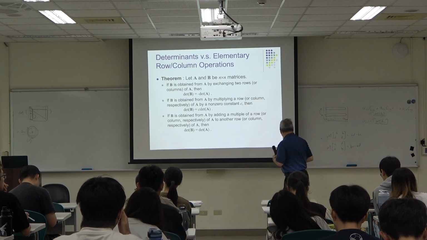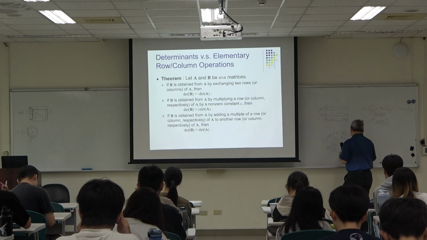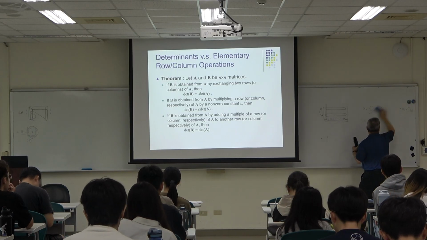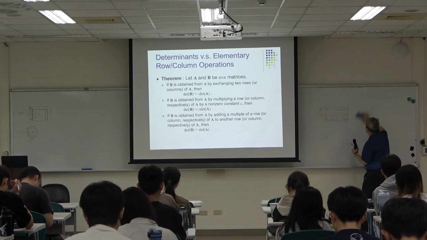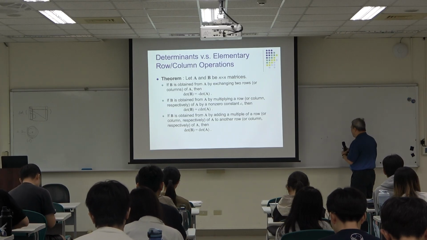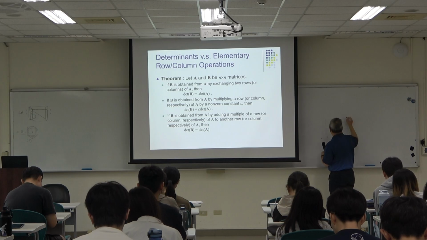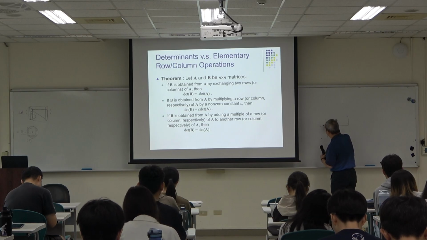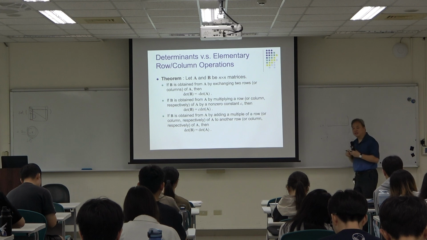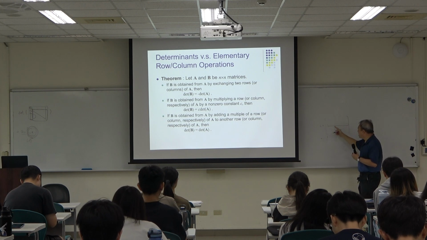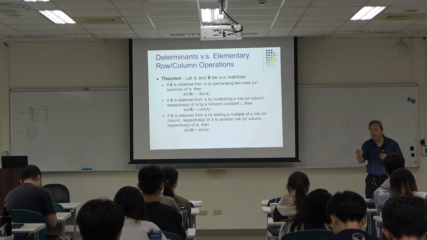This is also very easy because for this one we don't even need to use induction. If you multiply a row by a non-zero constant C, then every element will be multiplied by that C, right?